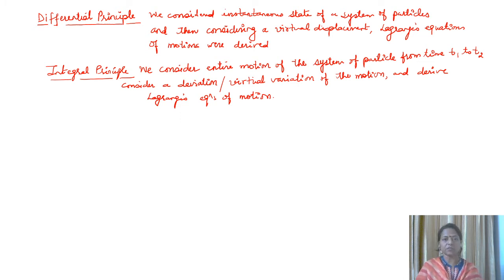So here we are concerned with the configuration space. So how do we proceed to find the Lagrange's equation of motion with the help of Hamilton's principle? This integral principle is the Hamilton's principle about which we are talking in this lecture.